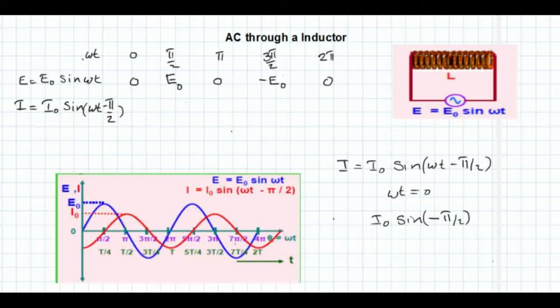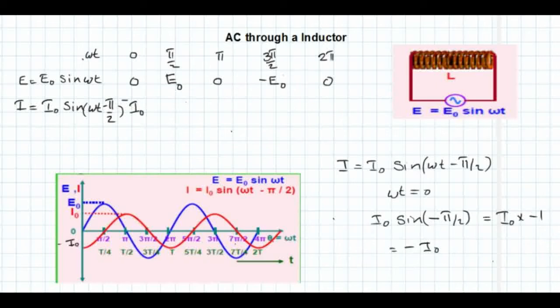So it is sin minus pi by 2, and sin minus pi by 2 is what? Minus sin pi by 2, or sin 90 is equal to 1, we know. So minus sin 90 means minus 1. These are elementary mathematics. Sin minus 90 is equal to minus 1, sorry. Therefore minus 1 into I0. So it is minus I0. So the value of current is minus I0 when omega t equal to 0.